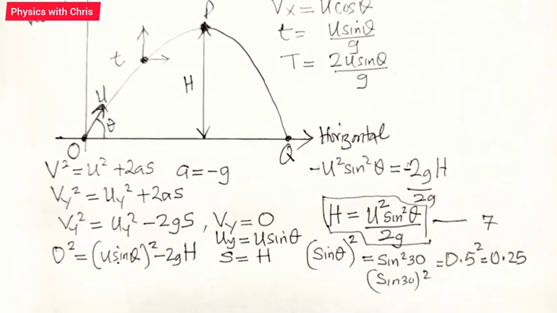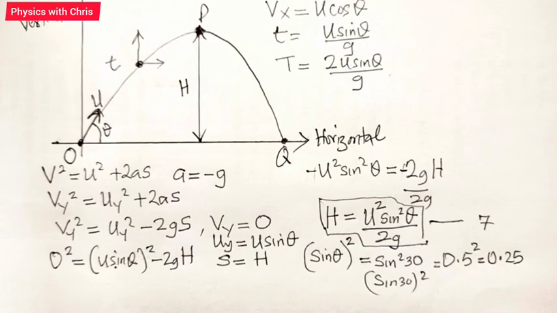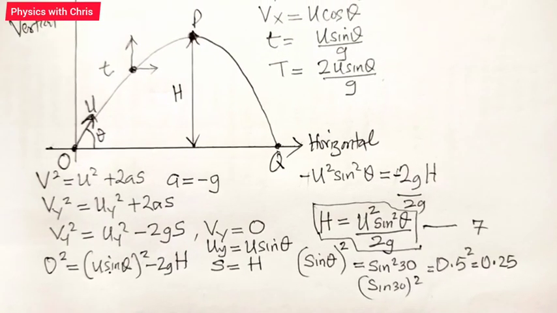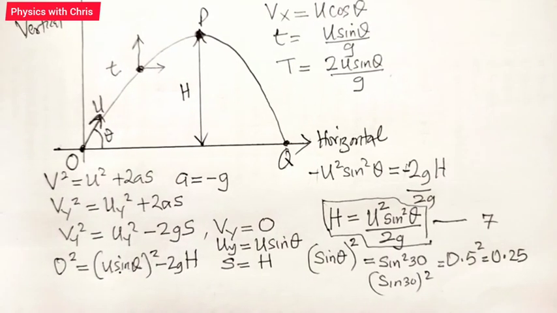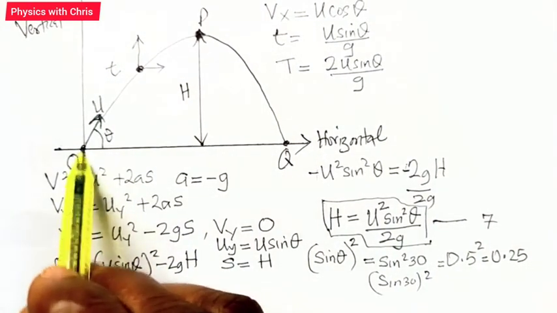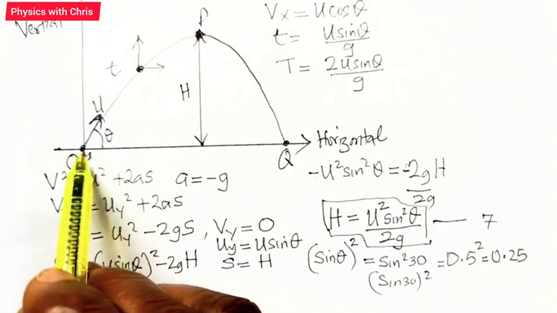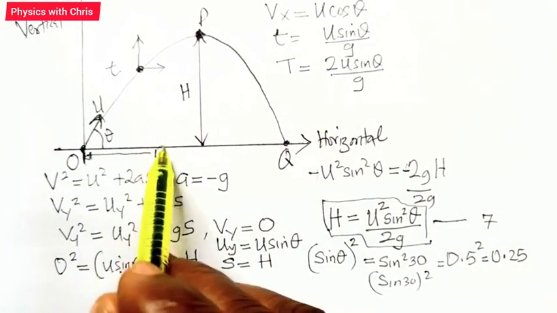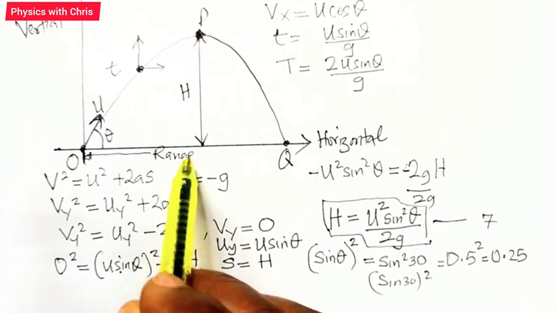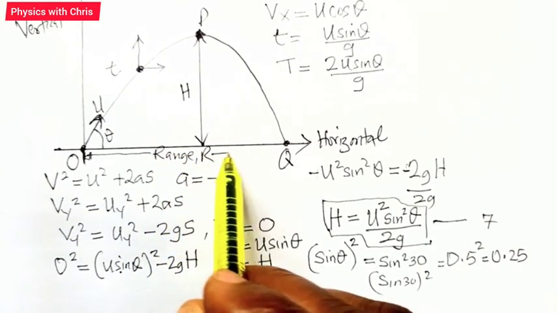Okay, next, let's calculate the range of the projectile. The range is measured along the horizontal. It is the distance covered by the projectile from the point of projection to the end of projection. I call that R, the range.